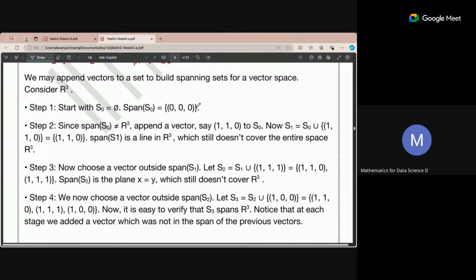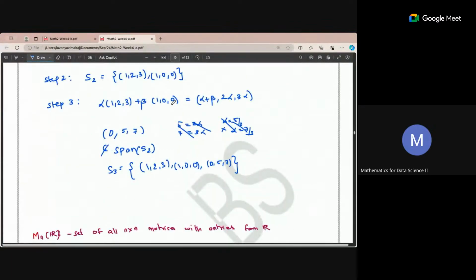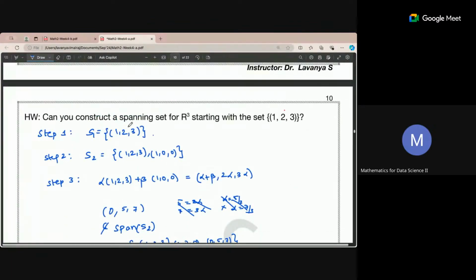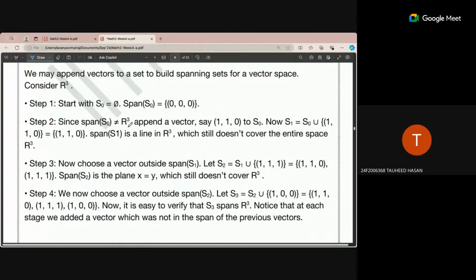So the first vector is the zero vector, then you have a non-zero vector, and then the other two steps which we did here. So just one extra step. First we have to assume any other vector, right? Yes, any vector, and then go accordingly. Ma'am, this zero vector is linearly dependent in itself, right? So how can we start with the dependent one?